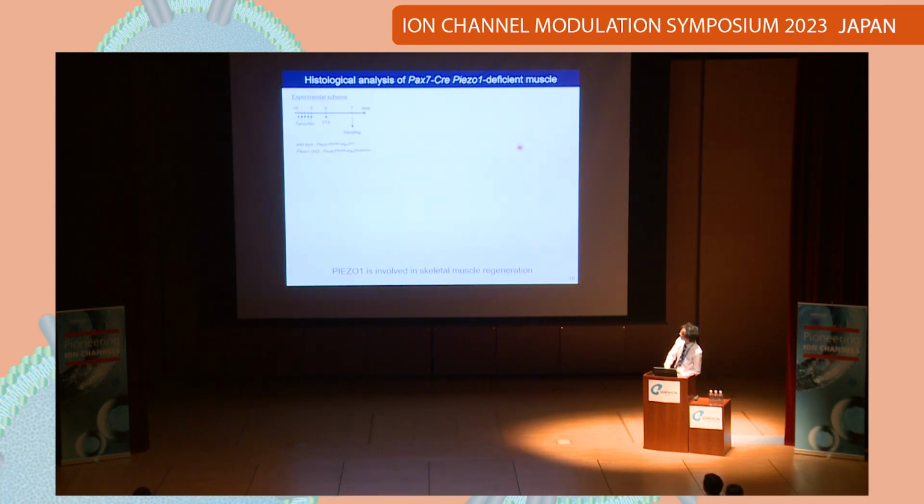So we first examined the muscle weight after myofiber regeneration. And we found that a reduction in muscle weight was observed after cardiotoxin injection in Piezo1-deficient mice, implying that muscle regeneration could be delayed by Piezo1 deficiency.